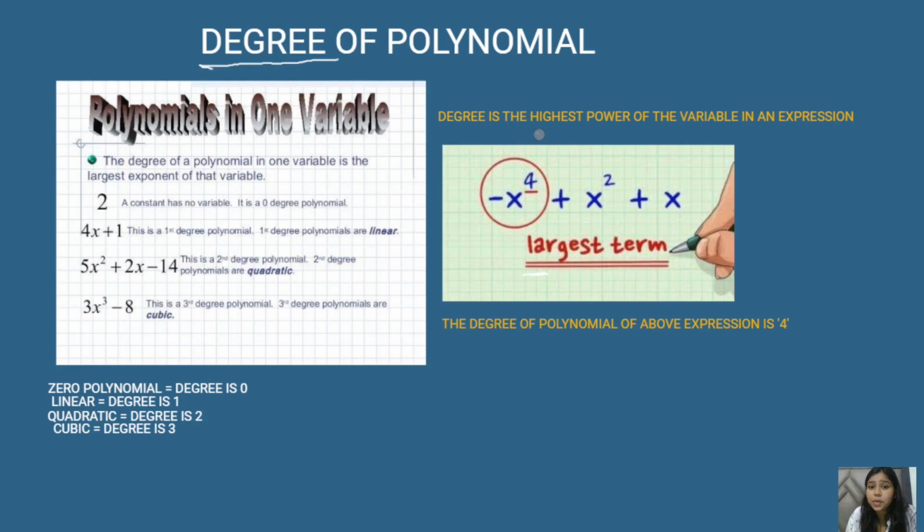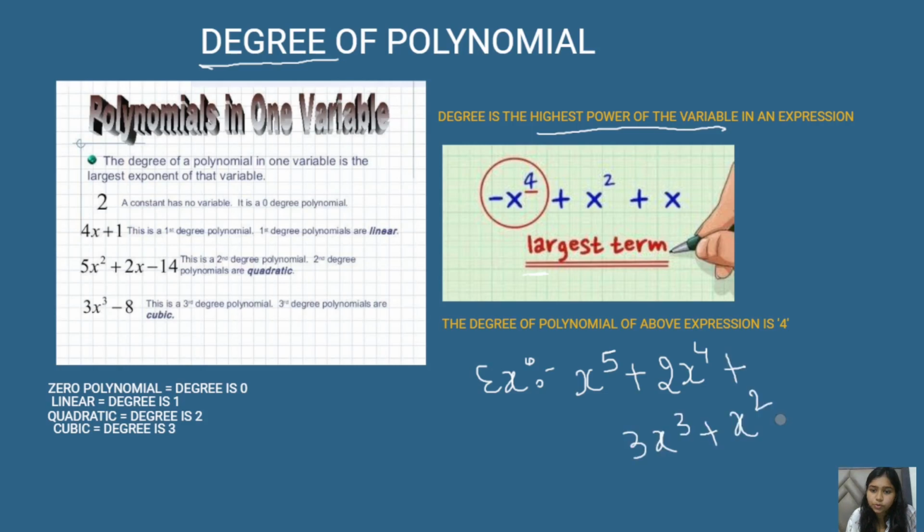For an example, I am taking an expression like x raised to the power 5 plus 2x raised to the power 4 plus 3x raised to the power 3 plus x square plus 2. So in this case, as you can see, there are many powers of x.